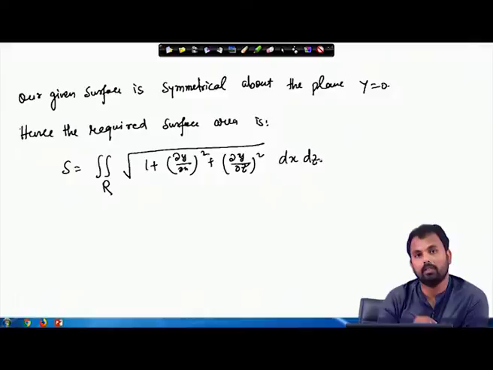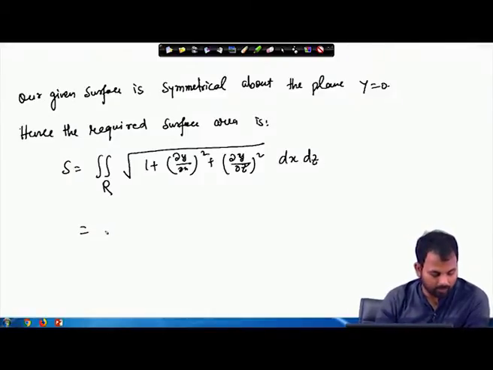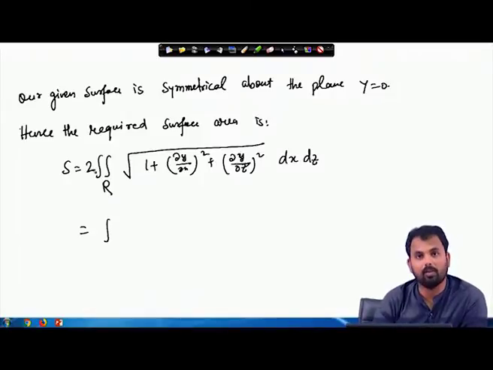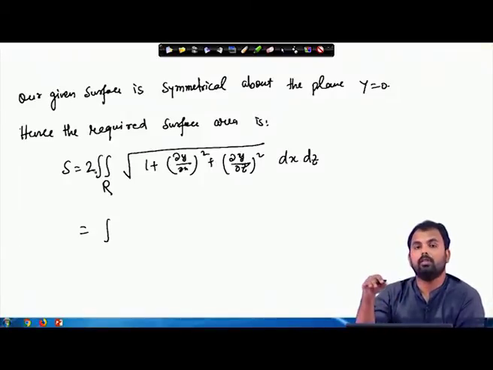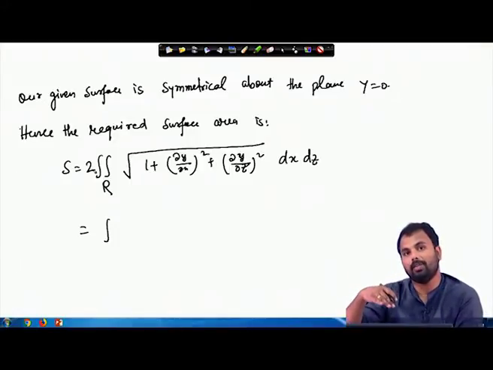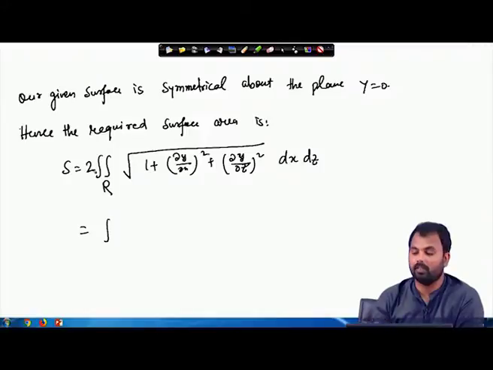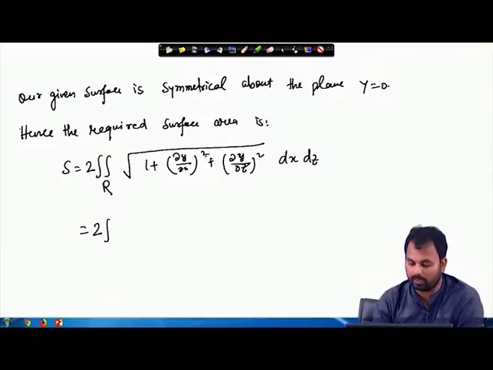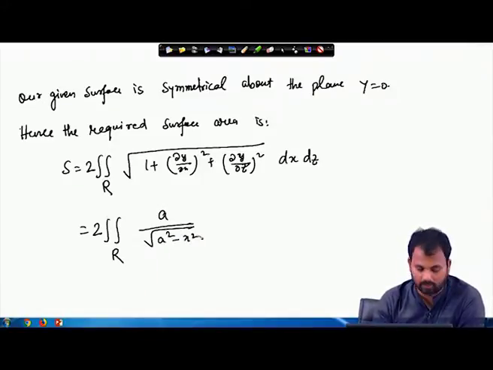When we take the projection on the xz plane, we will have a 2 here because the surface is symmetrical about y. We just calculate the surface area above the xz plane and multiply it by 2 to get the whole surface area. So we have 2 here, and taking the square root, over the region R I will have a over square root of a square minus x square, dx dz.